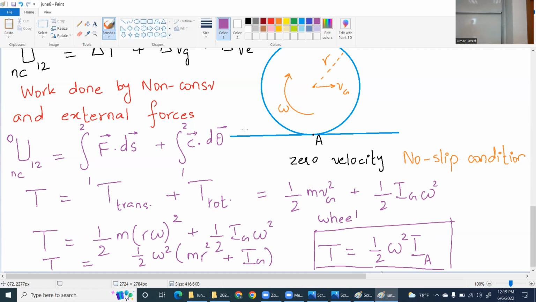So integral FDS is the external work energy, and integral M d theta will be the applied moment work, I would say. So it's not C d theta, but for some reason, I have used C d theta.